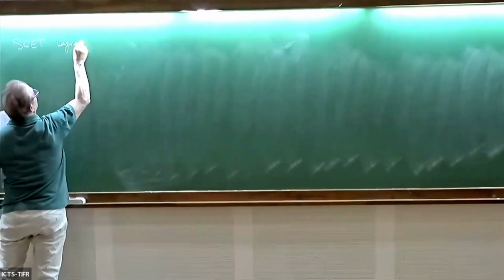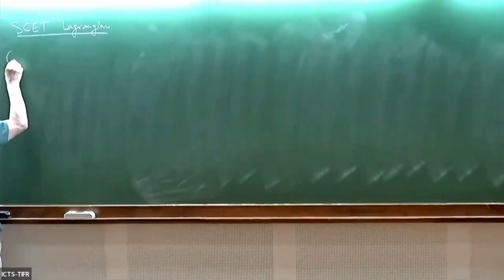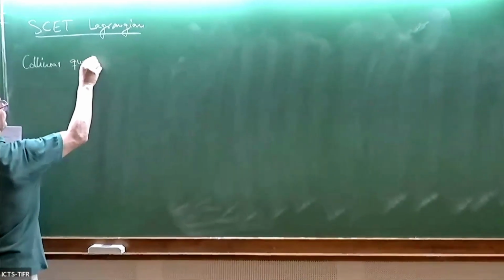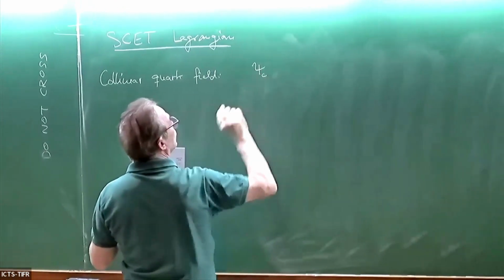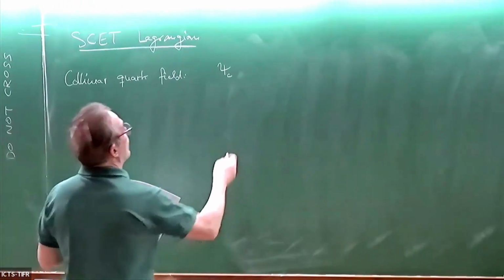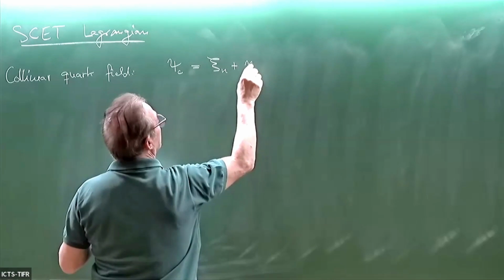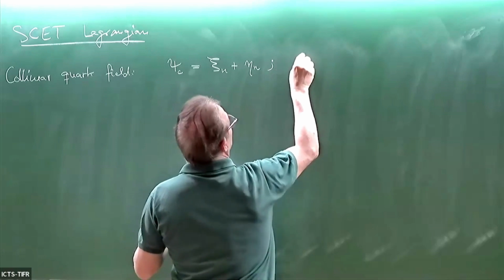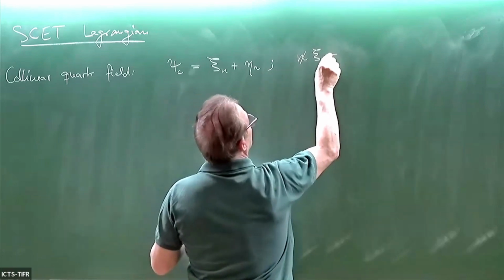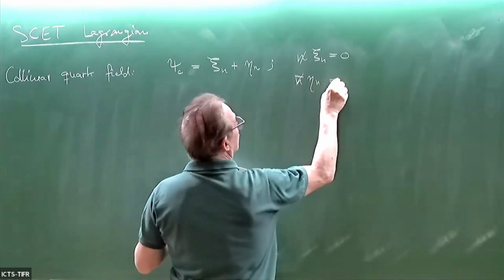Let me just remind you that by the end of yesterday's lecture, we had discussed the collinear quark field, where we basically took the QCD field restricted to collinear momenta and split it up into two spinors, xi and eta, for the collinear quark, where these spinors were chosen such that n slash on xi yields 0 and n bar slash on eta also yields 0.